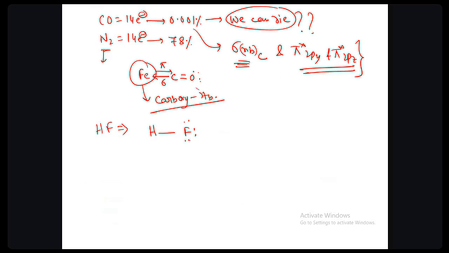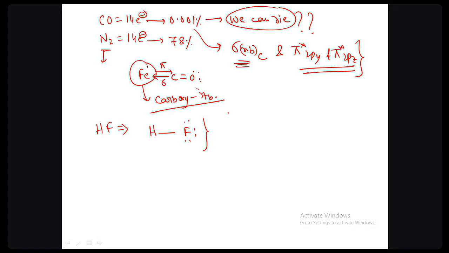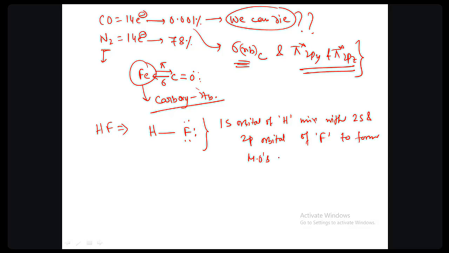We know fluorine has 3 non-bonding electron pairs. You just have to remember that the 1s orbital of hydrogen mixes with the 2s and 2p orbitals of fluorine to form MOs in the HF molecule.